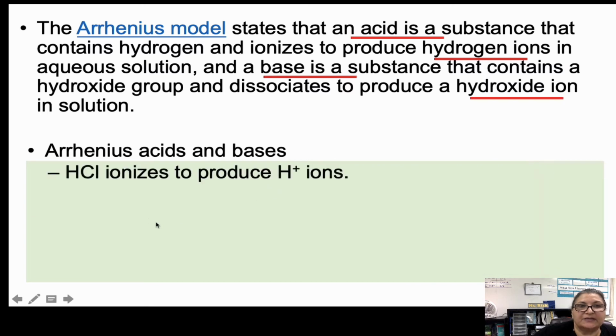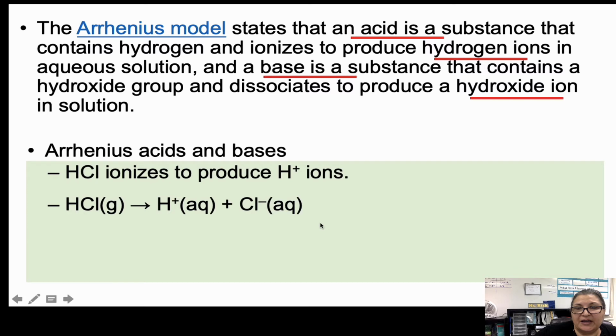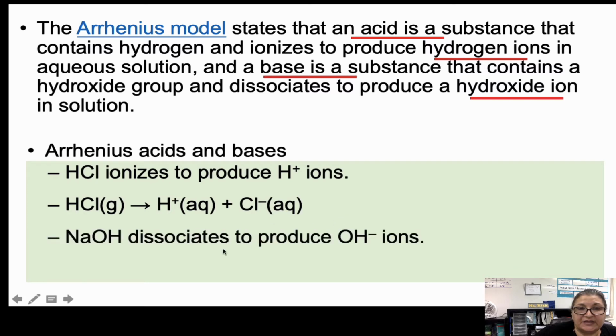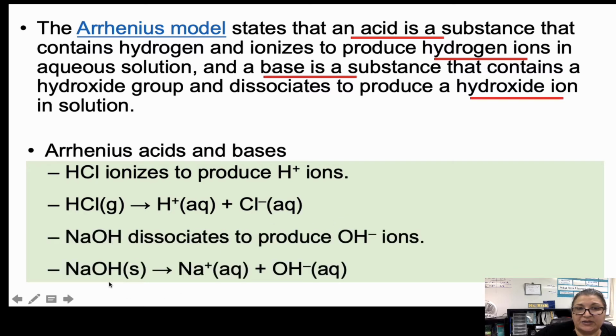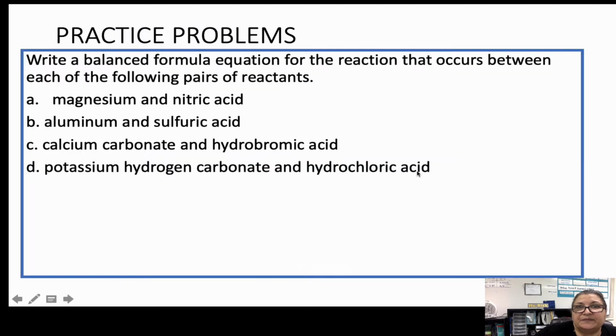Okay, exactly that. So hydrochloric acid will break down into a hydrogen ion and Cl minus, and NaOH will ionize and give sodium and hydroxide ion.